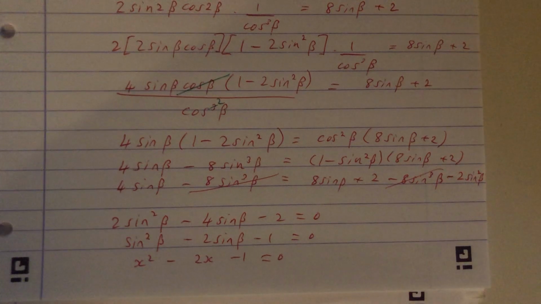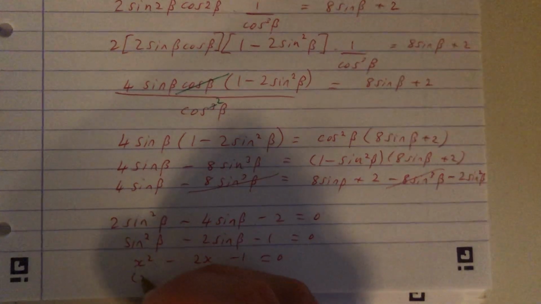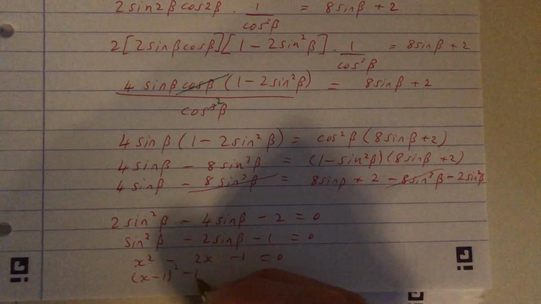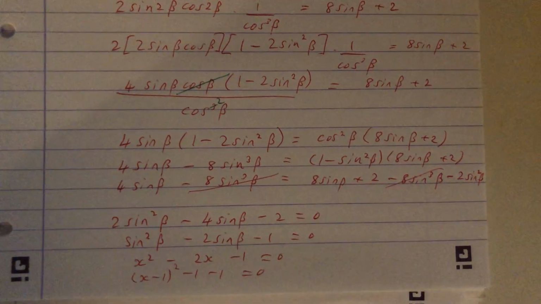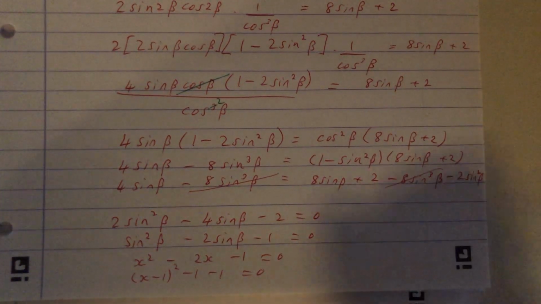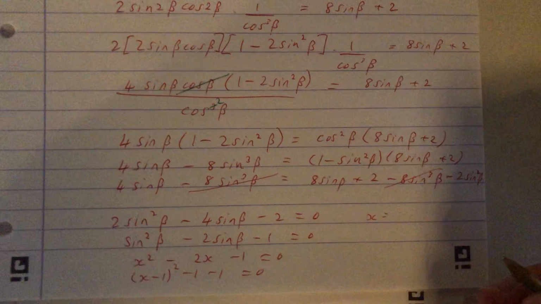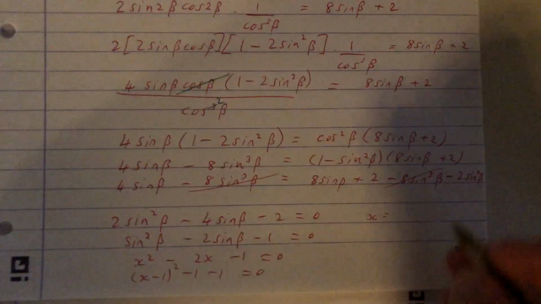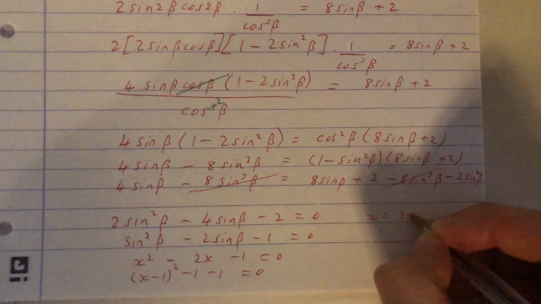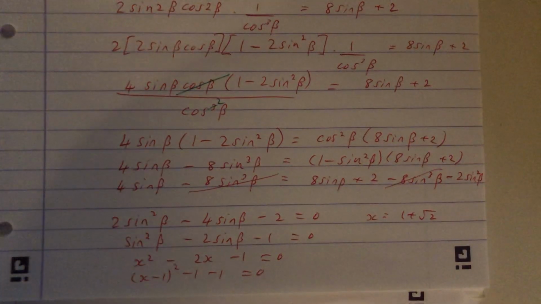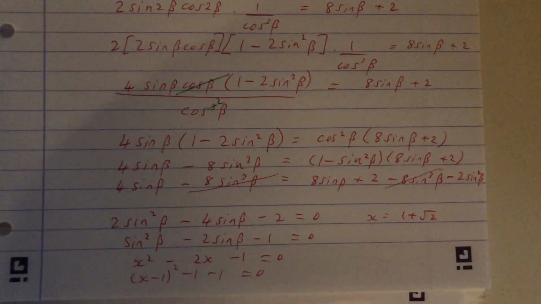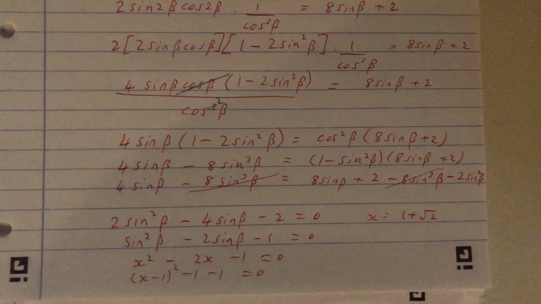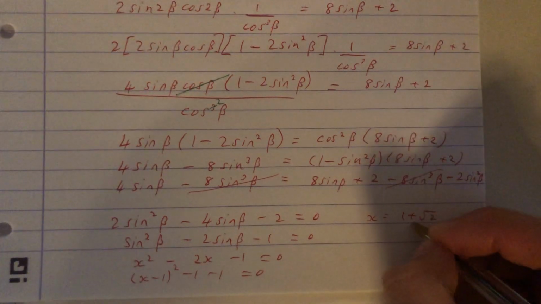This quadratic does not factorize, so I can complete the square, or I can use the quadratic formula to get x equals, have I done this correct? It's probably 1 plus root 2. Have I done that correctly? I'm going to check on the calculator. Sorry, 1 plus or minus root 2.